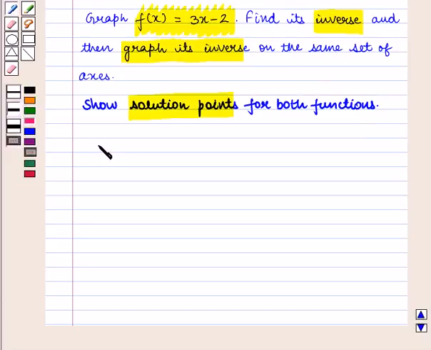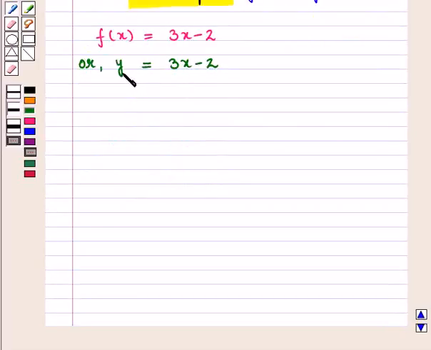First we shall graph this function given by f of x is equal to 3x minus 2. We can rewrite this function, since f of x can also be written as y, so we have y is equal to 3x minus 2. Let us make its table of values.